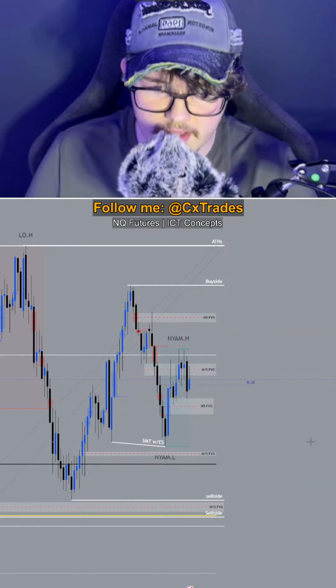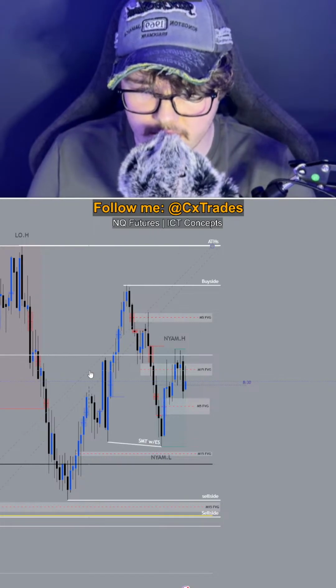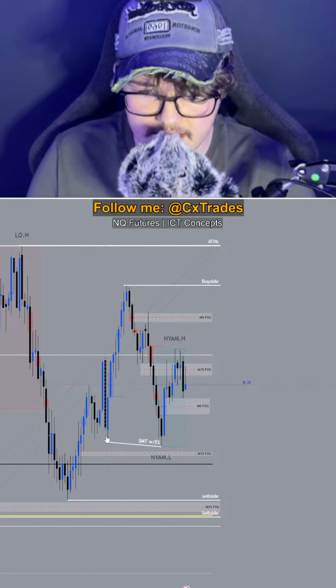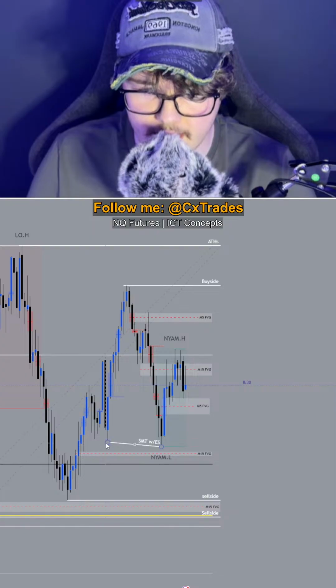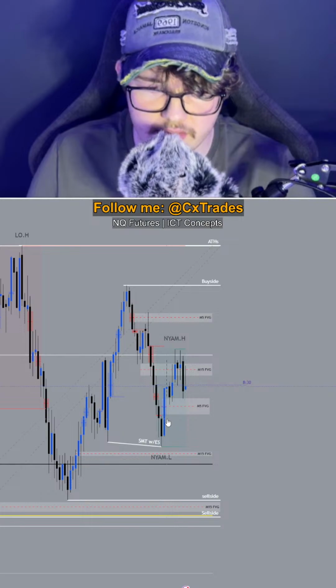So what it looks like here to me is that we're trapped. It looks like we might consolidate in this range here. We have SMT, yes, tapped this, but NQ didn't. And obviously we've rejected off the 7.5, and we've also rejected off the 7.5.